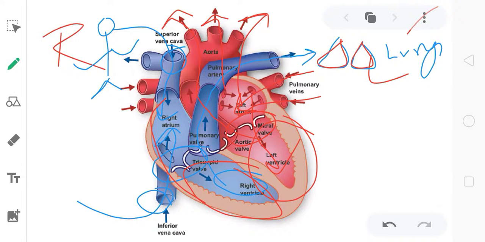So if the contraction is not proper, what will happen? This is the pathophysiology of heart failure, and the symptoms you can easily understand from the pathophysiology. Let's discuss the pathophysiology of heart failures.